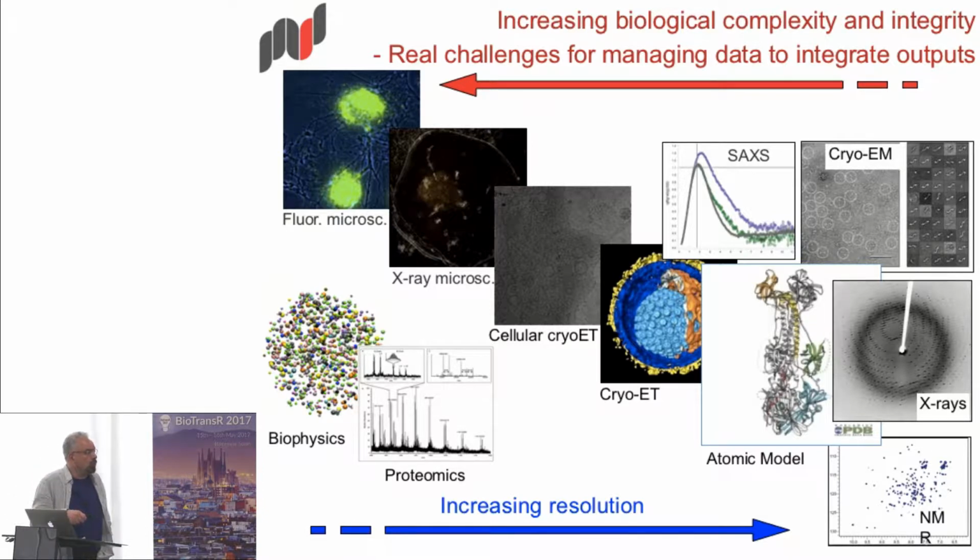It goes to cellular cryo-electron tomography, which can go to higher resolution than X-ray microscopy, but no longer in intact cells, but slices of cells, so better resolution, but less field of view. It goes to cryo-electron tomography of isolated organelles, that again, it's smaller things, but in yet higher resolution. And we have different techniques that can provide atomic models.